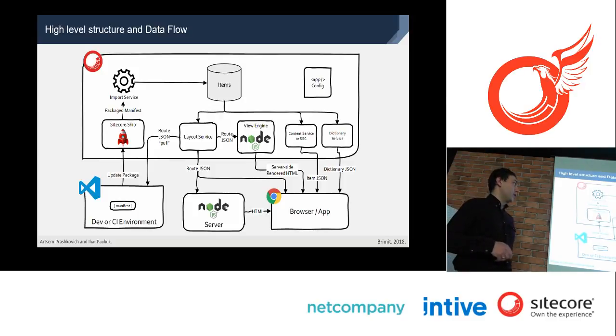If we use integrated mode or the mode for production, it will be rendered by the Vue engine, and if we use disconnected mode, the Node.js server will be used for rendering our components. Otherwise, we can see that the data for our components always comes from the layout service.